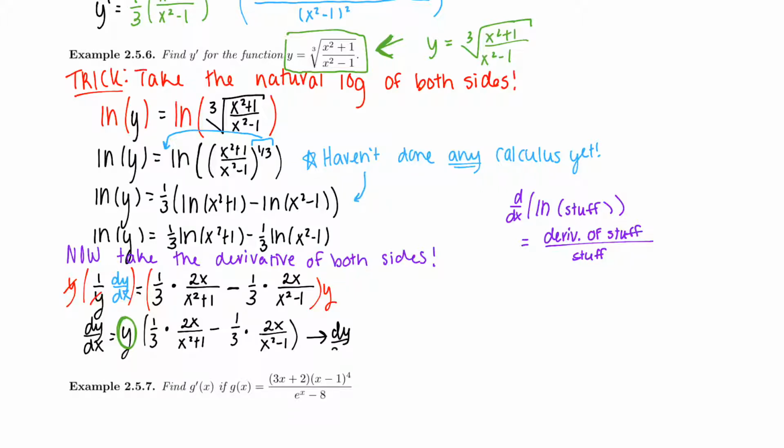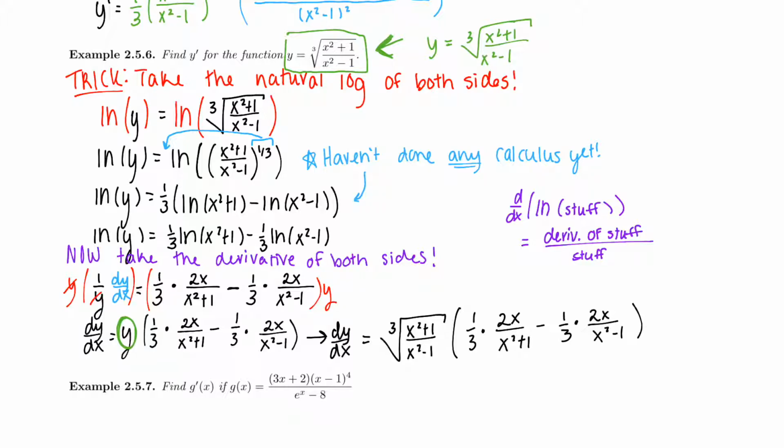So dy dx is equal to the cubed root of x squared plus 1 over x squared minus 1 times 1/3 times 2x over x squared plus 1 minus 1/3 times 2x over x squared minus 1. And that is our full derivative.